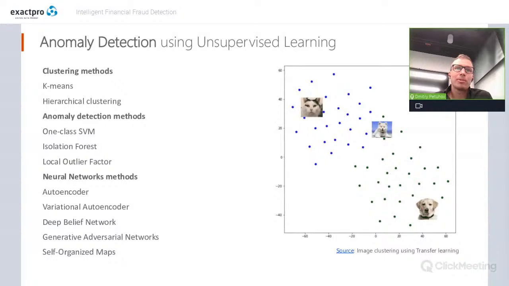The result of clustering methods you see on a picture, and there is real research where we cluster images using transfer learning and some pre-trained convolutional network.